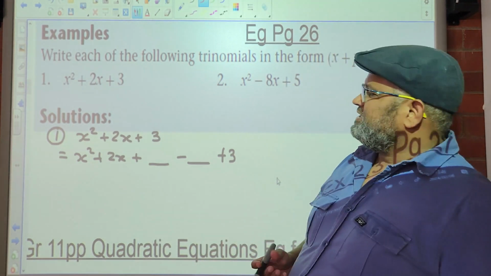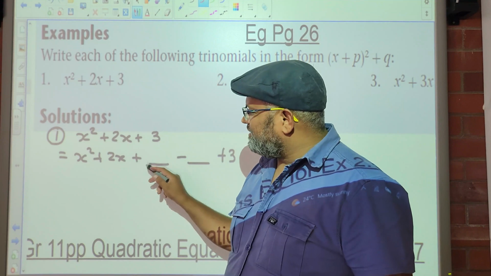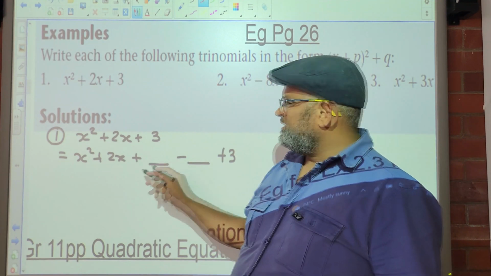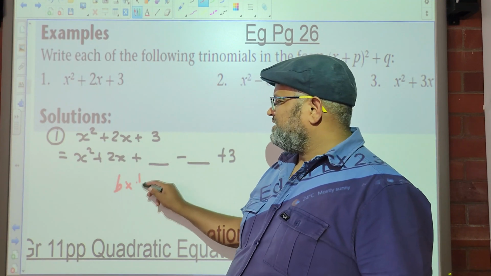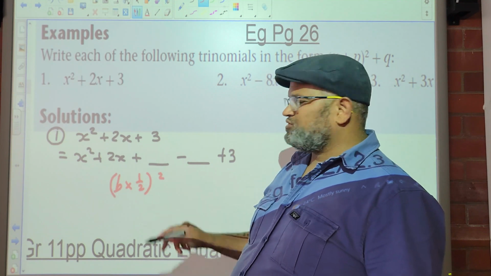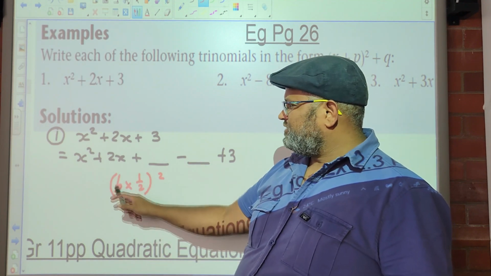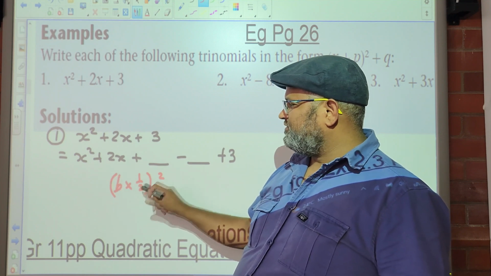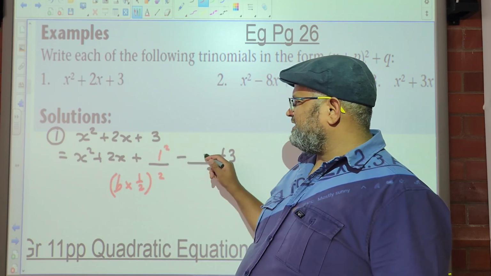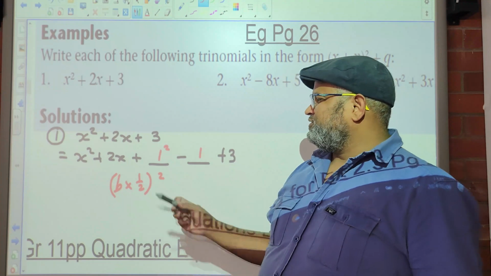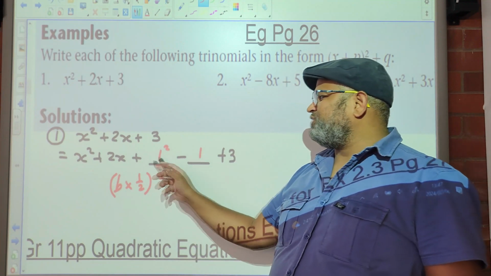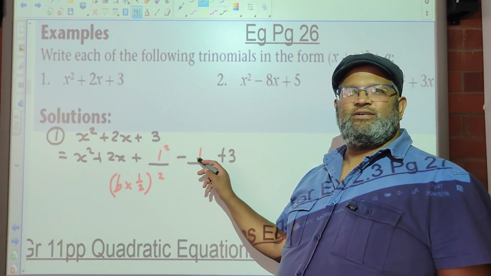Yes, okay. So, people, how do we get the third term here? It's going to be b times half, and it must be squared. What's the b value here? 2. So what's 2 times half? 1. And 1 squared is? You see 1 squared minus 1 squared. What's 1 squared minus 1 squared? 0.